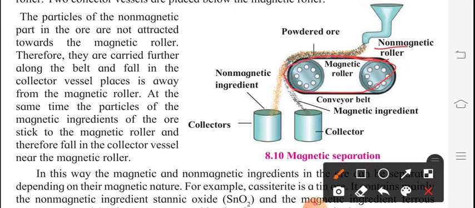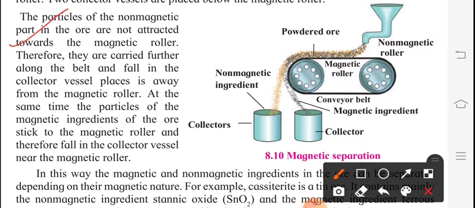So this roller is magnetic. Whatever powdered ore is coming on the roller, the magnetic ingredients are collecting in this one, and whatever is non-magnetic is collecting in this non-magnetic container. So this is the arrangement of that.